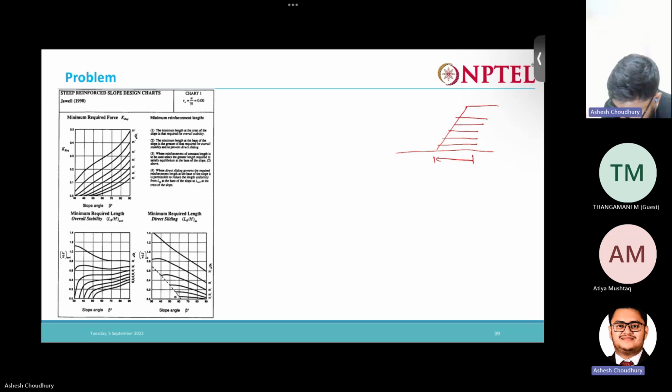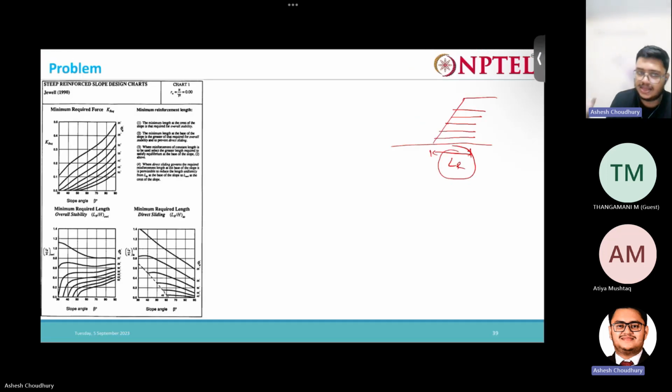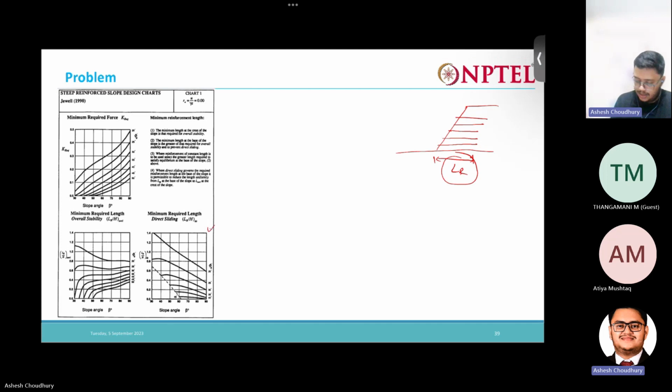This is the minimum length that you need to ensure so that there is no sliding, to satisfy the criteria of sliding. So this chart is for the overall stability, this is for the sliding, and this is for the minimum required force.